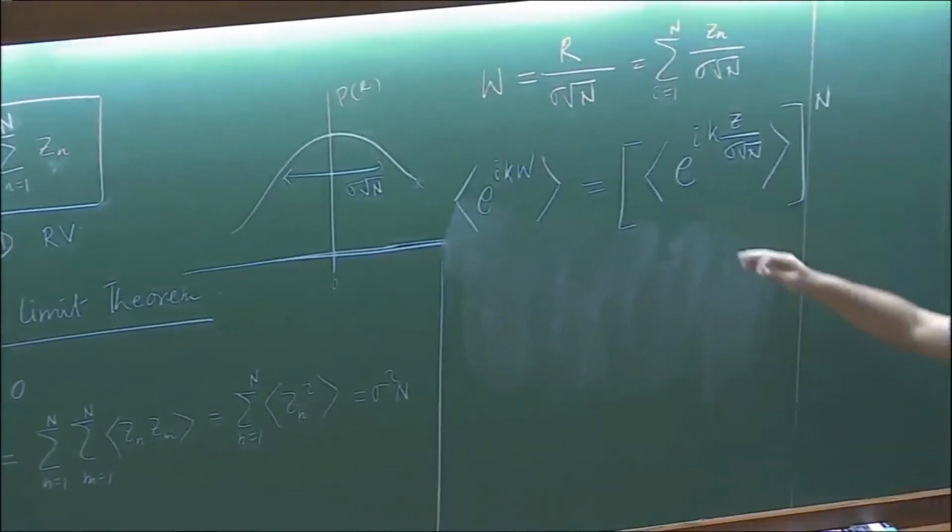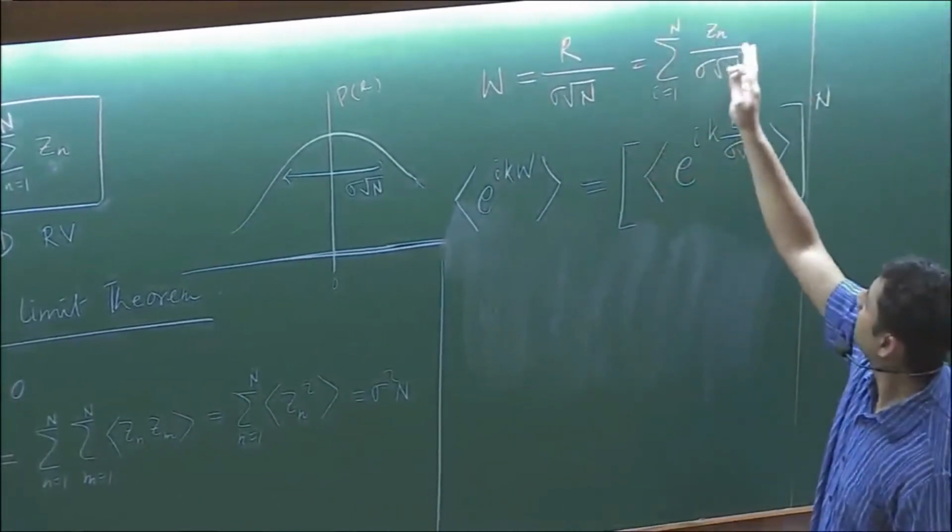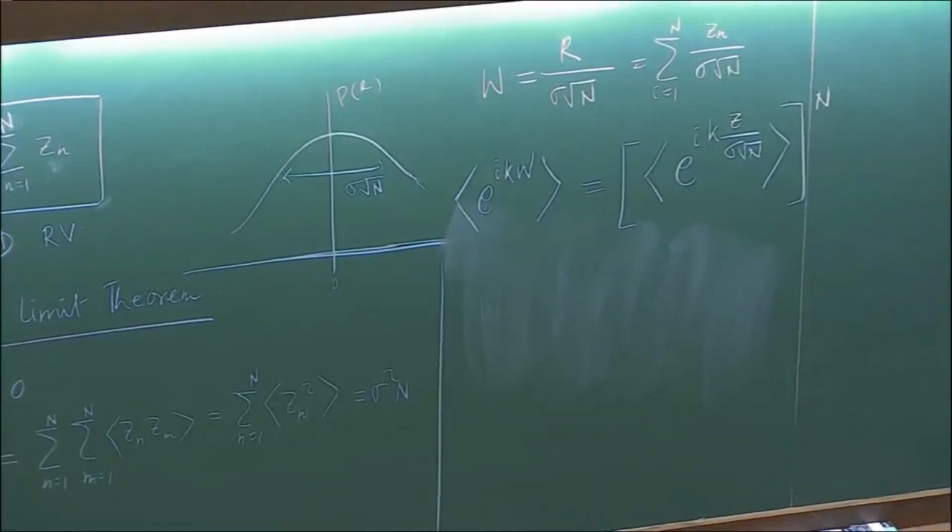I put it there and since it's independent and identical, this is what I get. Now what are the properties of Z that I need?